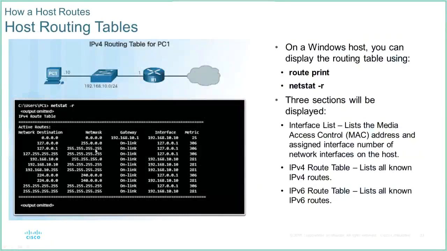So basically, routing decisions use a cost value, which is called a metric, to determine how effective it is to get to a destination using the same protocol. So to get to the gateway, it's very cost effective, it's 25, whereas its loopback addresses cost 306.